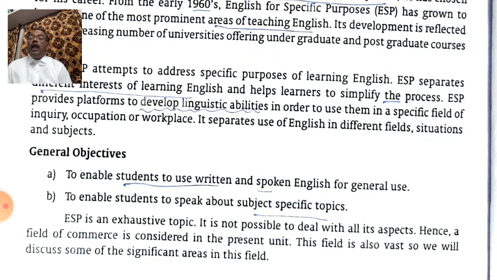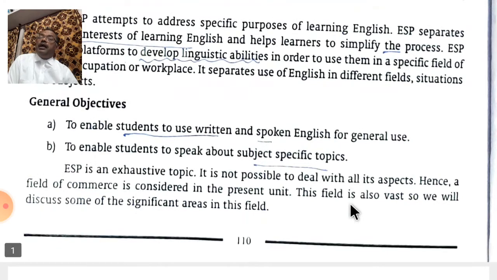To enable students to speak about subject-specific topics. Suppose a scientific topic is provided to you, we have to use technical or scientific English for that. We can't use literary language there. Actually, English for specific purposes is an exhaustive topic. It is not possible to deal with all its aspects.